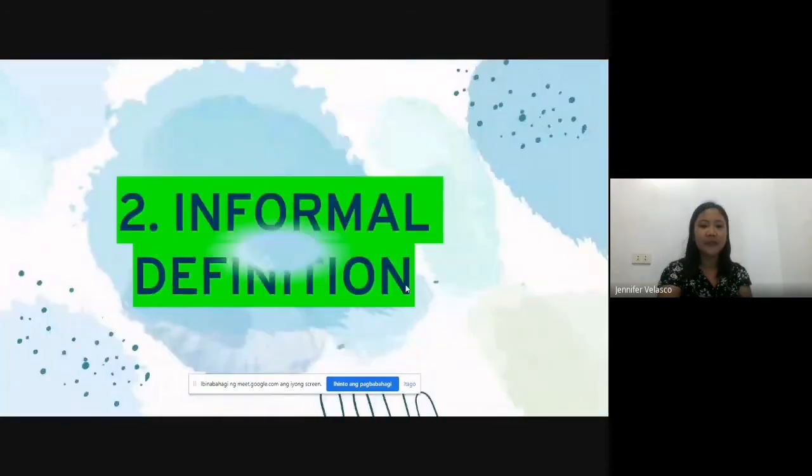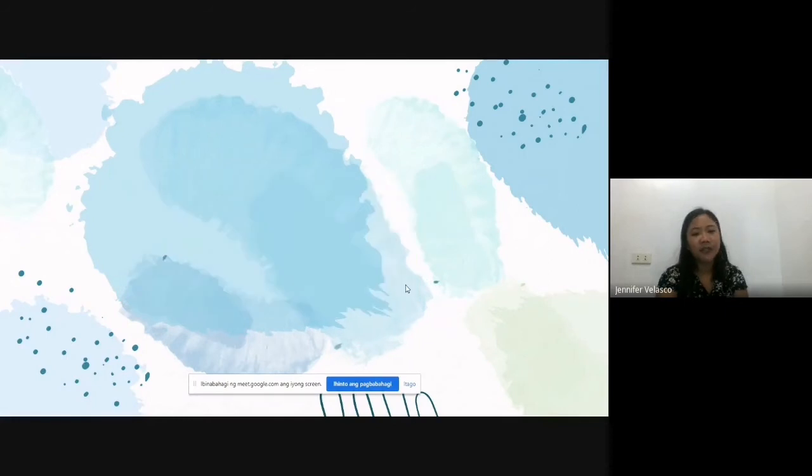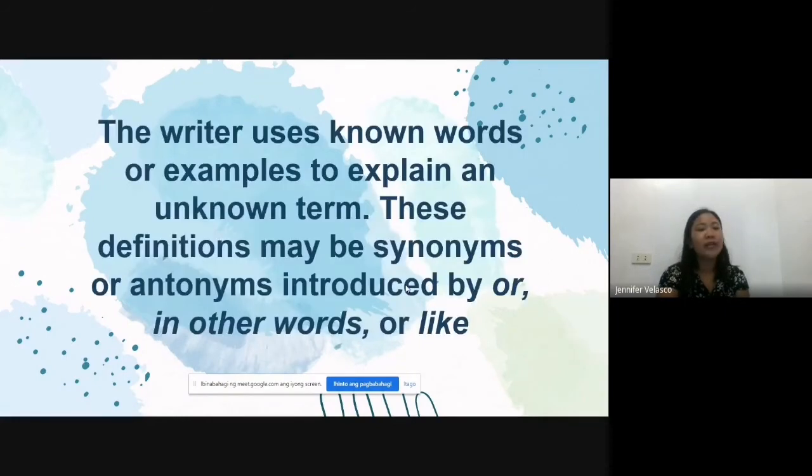Let's have number two. The second type of expanded definition is informal definition. When we speak of the informal definition, it uses known words or examples to explain an unknown term.